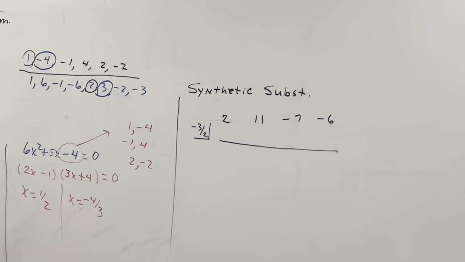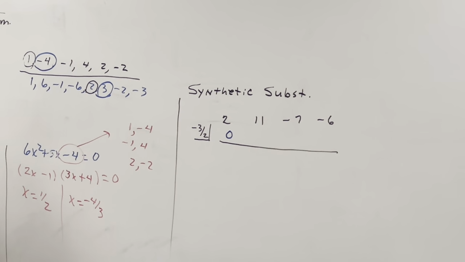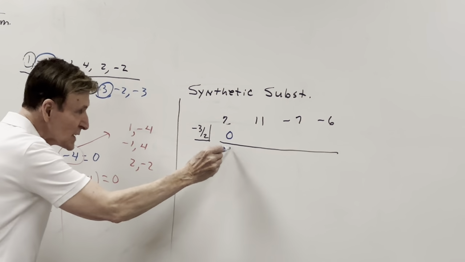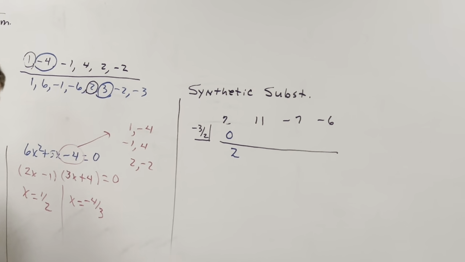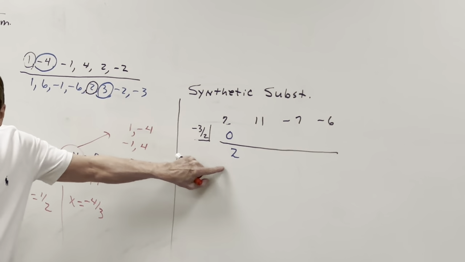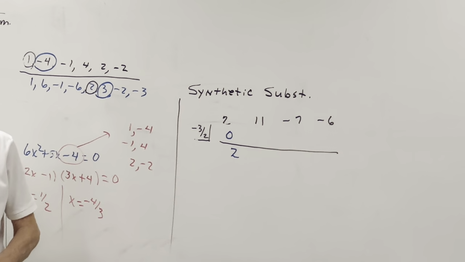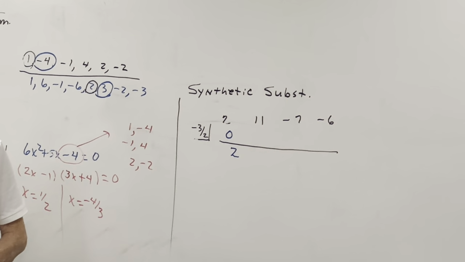You always start by placing a 0 underneath the first number, and you add them up in that column. 2 plus 0 gives me a 2 here. Then it's a quick little process. Now you multiply these 2 together. -3/2 times 2, the 2's cancel on the side there.